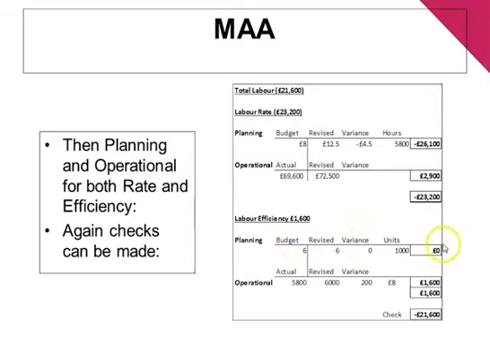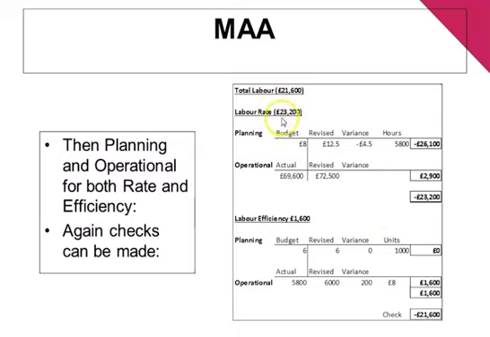And so we've got no planning effect here. Now in terms of operational, we've already talked about this, we have saved money in that it took us 200 hours less than we expected. So there you go, there's the 1600 that we expected. So add them all together, there's your check for your overall variance. So there's your minus 21,600 sitting right at the top.